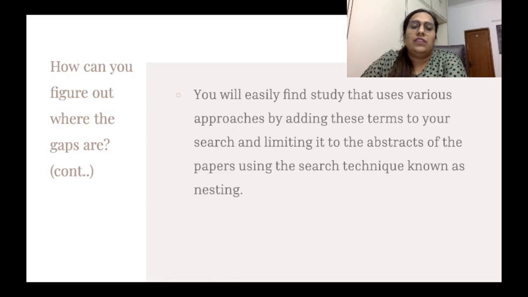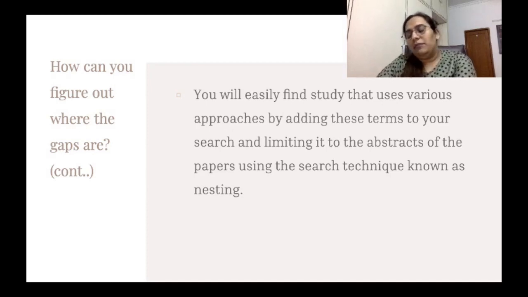To narrow the terms or limitations of the abstract papers, use a search technique known as nesting. When you are searching so many reviews or so much research, you need to have a proper nesting method. Reading an abstract is a very constructive and subjective matter, so you need a proper approach to read it.